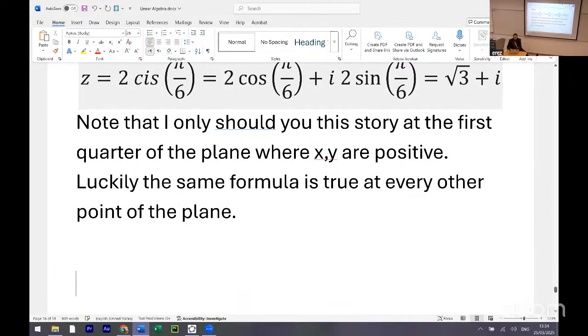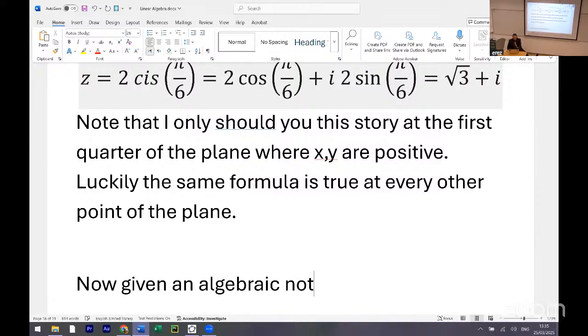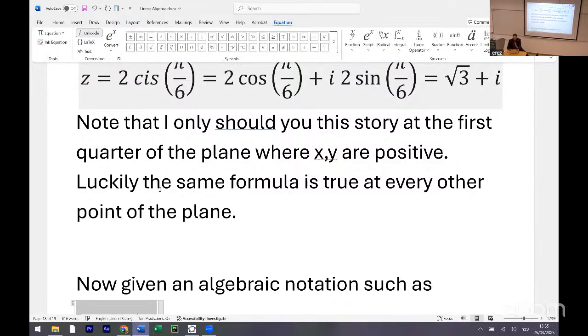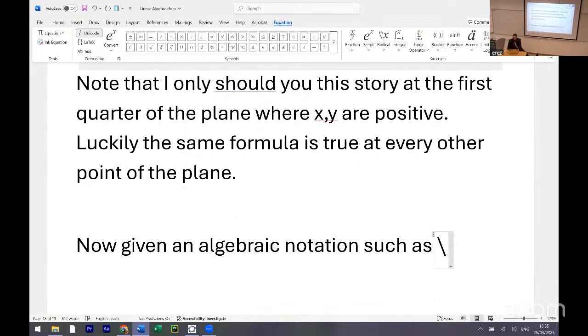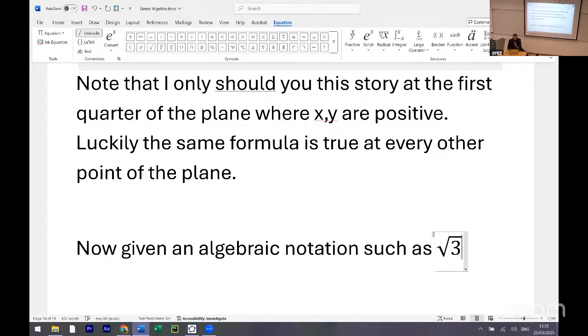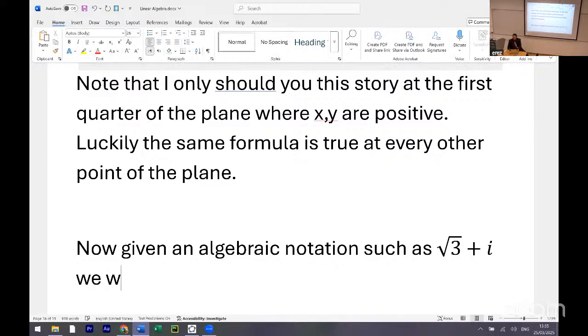Next, now vice versa. Now given an algebraic notation such as square root of 3 plus i, we wish to find the geometric or polar notation.